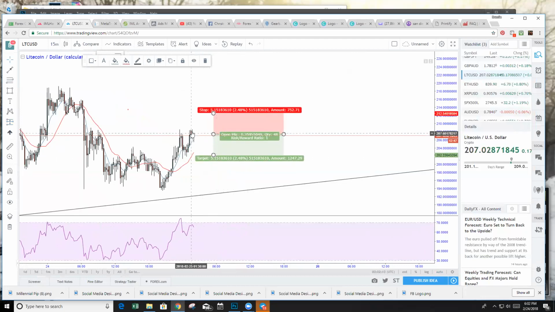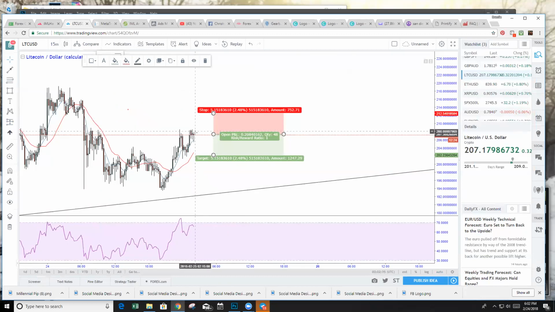So whenever it does something like this and it looks like it's going to come down, don't sell it down here. Please don't sell it down here when it's coming down. Don't do that. Wait for it to pop its head back up here, because it's going to do that, for sure. Wait for it to come back up to these little highs up here, right? Back up into this price, and then sell it.